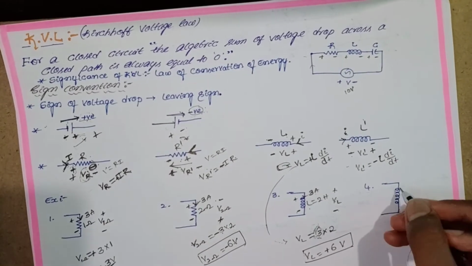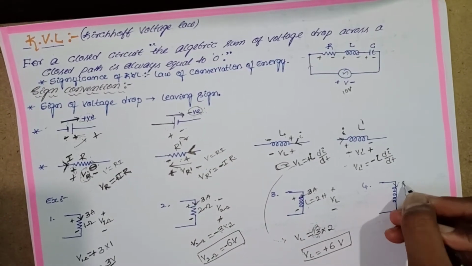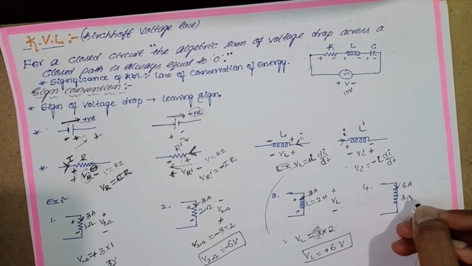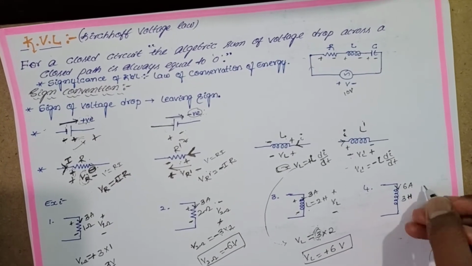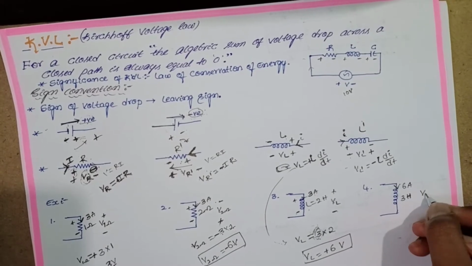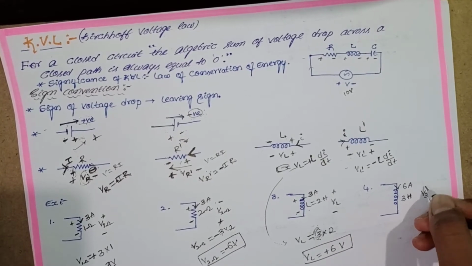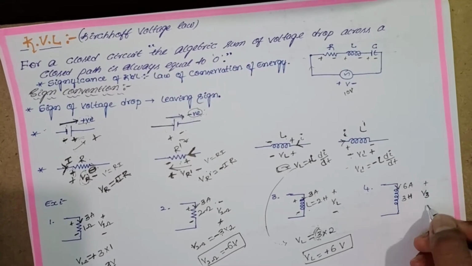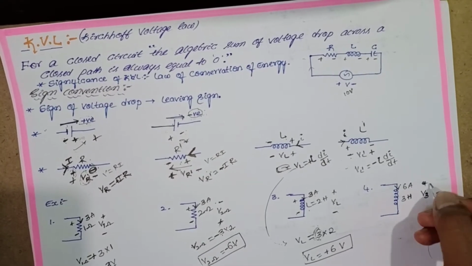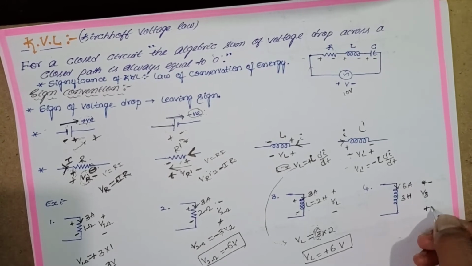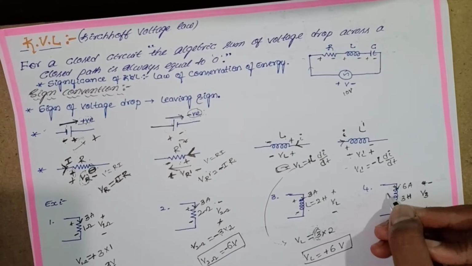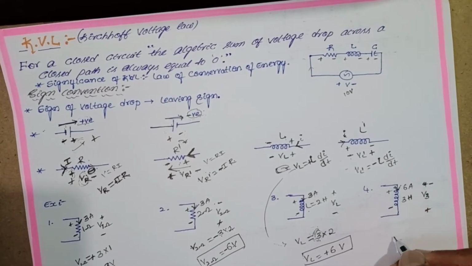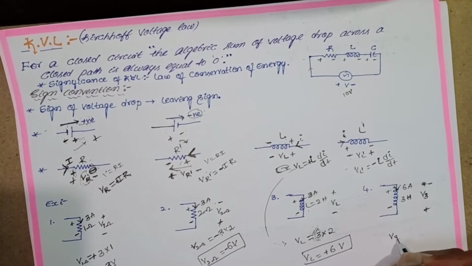Let's take another example. I will consider 6 ampere current passing through a 3 Henry inductance. I will consider the voltage drop V3. This is negative, positive. Entering the node is positive and leaving the node is negative. How will you calculate V3?